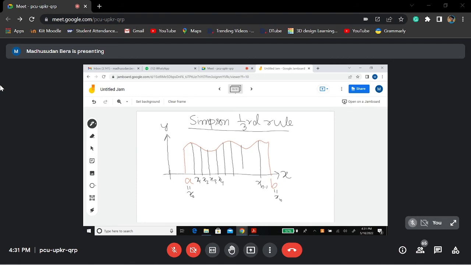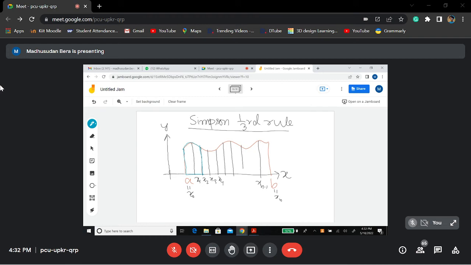We will consider two sub-intervals at a time. I am denoting this with a different color. Here we will consider consecutive two sub-intervals at a time. In the trapezoidal rule, we considered only one interval, but here we are considering two sub-intervals at a time.